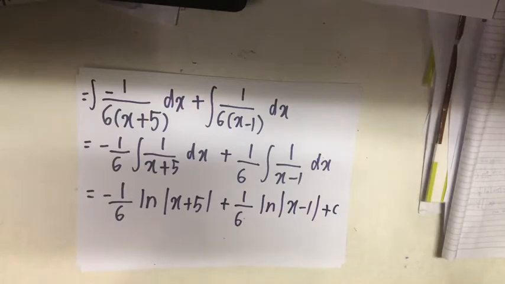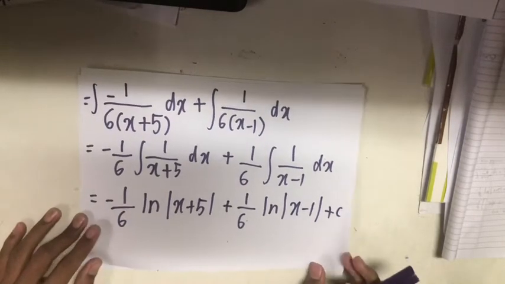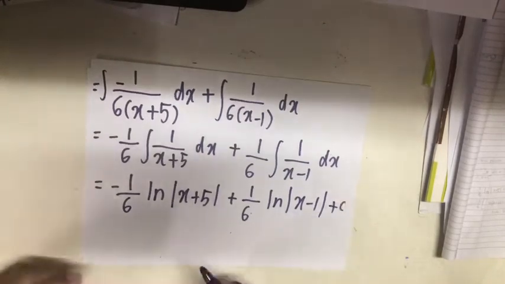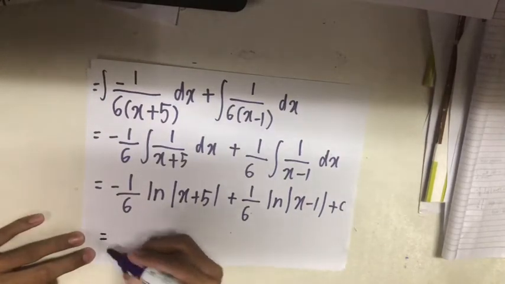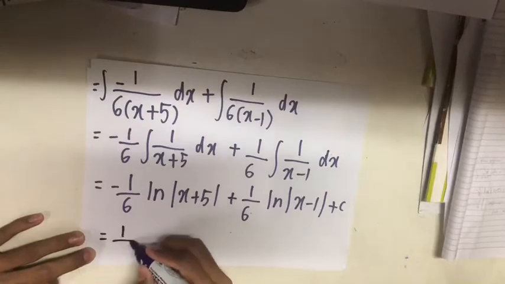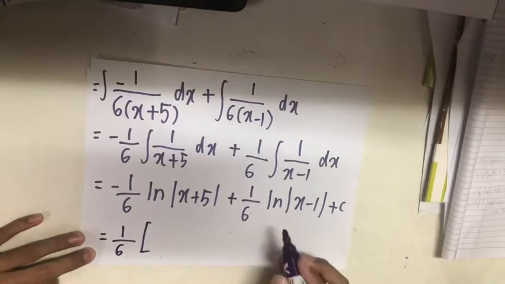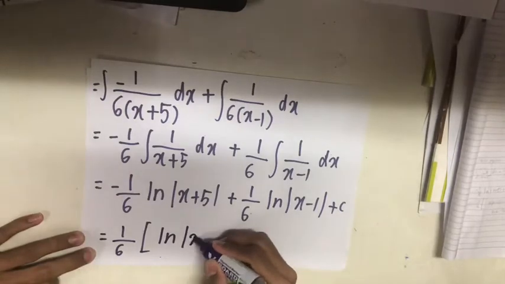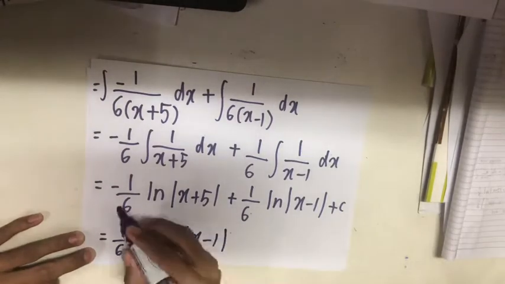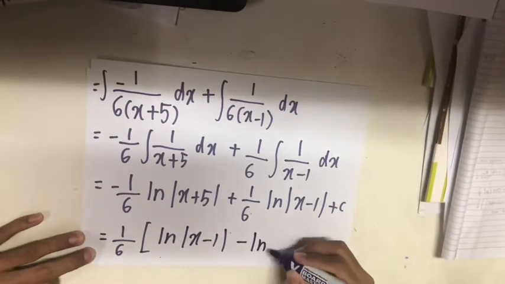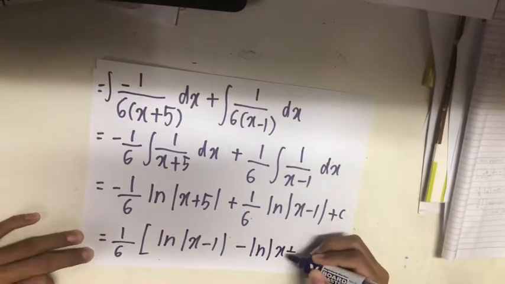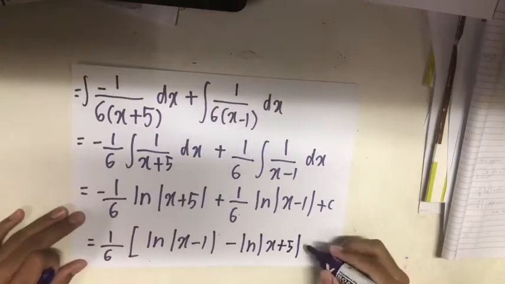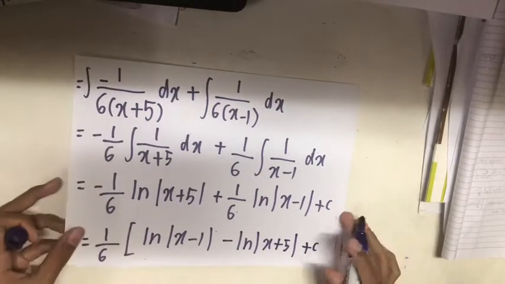We will simplify it. We factorize 1 over 6 to the outside. So we put this first, ln of x minus 1 minus ln of x plus 5, plus c. Alright.